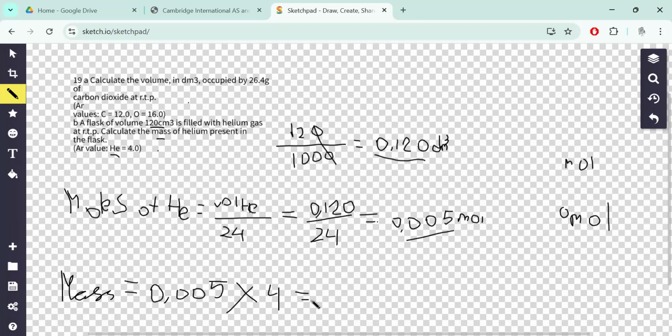So 0.005 times 4 would be 0.02. And the unit for mass would be grams, so that would be 0.0200 grams. This is the mass of helium present in the flask.